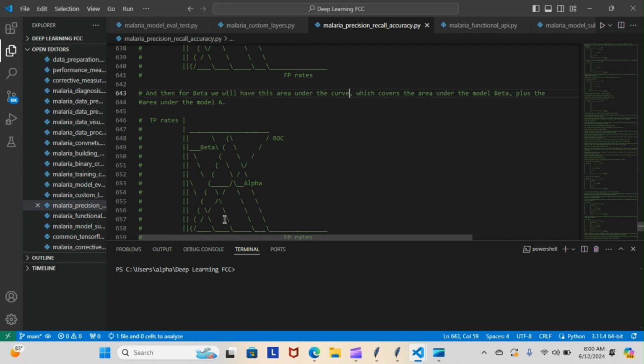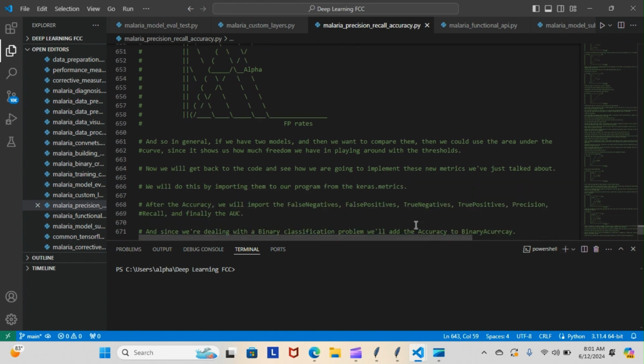So it will be counted as one big area under the curve of beta, but alpha has its own area under the curve, and beta encompasses its own area and then alpha also. It's all in one ROC, not one model. There are two different models in the ROC, but beta would encompass both of them inside of the ROC.